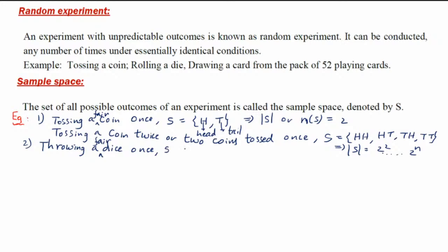So the number of dots is 1, 2, 3, 4, 5, 6. What is the meaning of this 1 to 6? Number of dots on a face. So this implies mod S is equal to 6 power 1, that is 6.